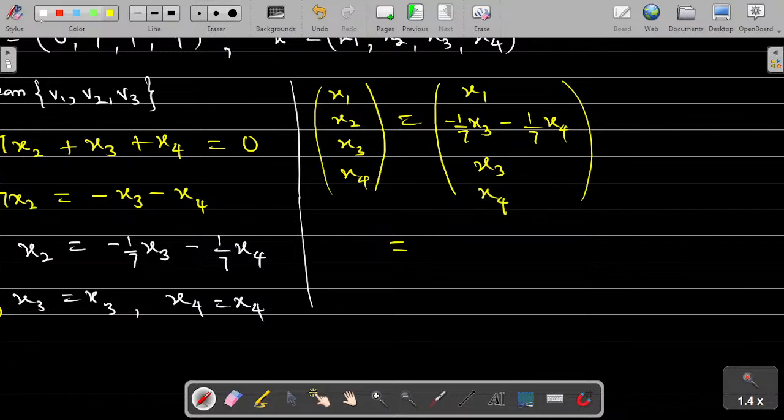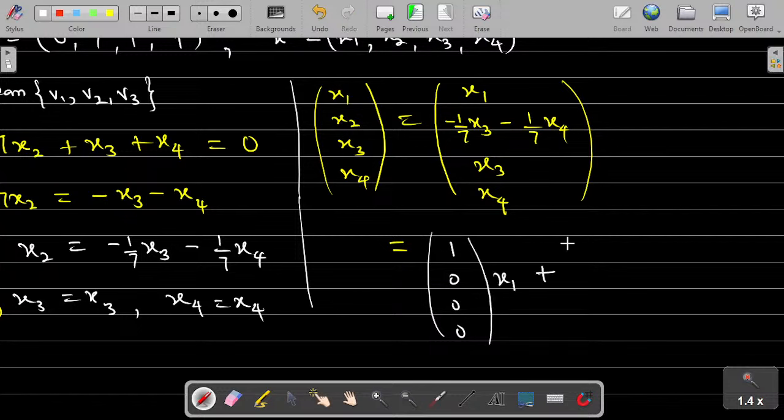So the first vector will be for the coefficient of x1. I should have split this into 3 first before factorizing, but we can do it straight up. The coefficient of x1 in the first line is 1, in the second line 0, third line 0, fourth line 0. So these ones now will multiply x1.